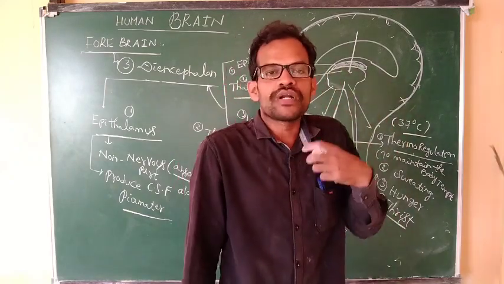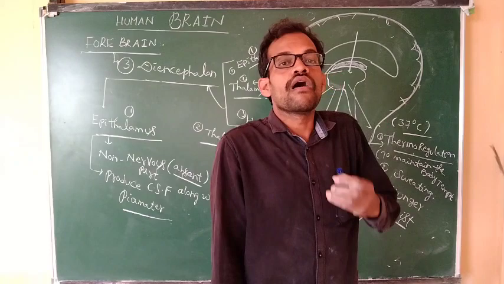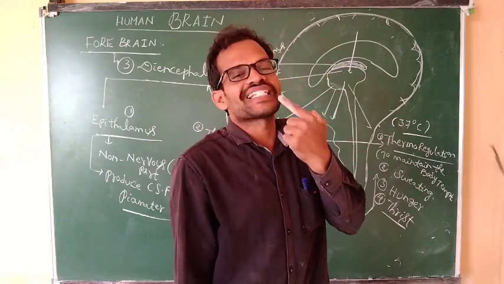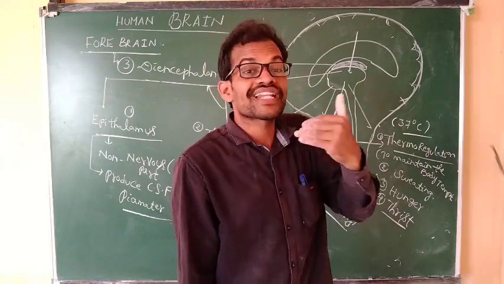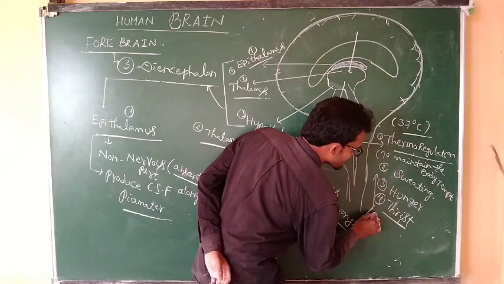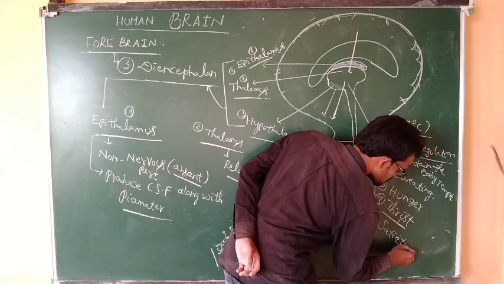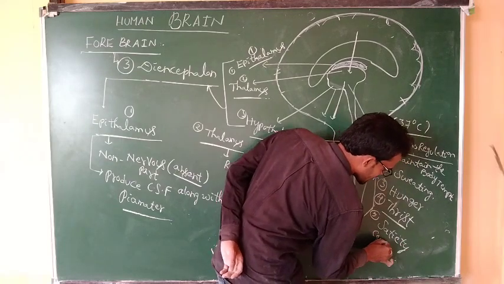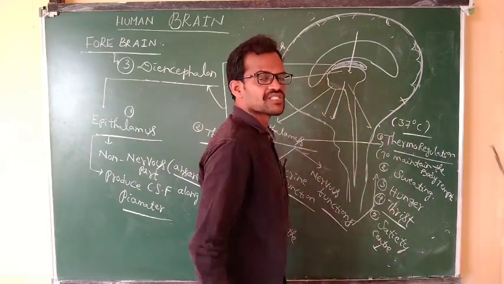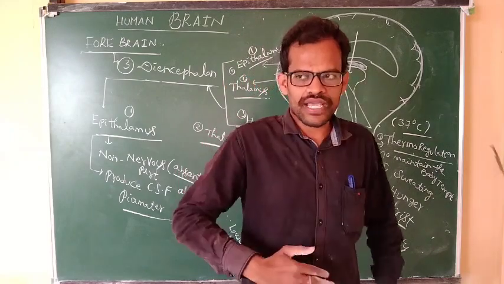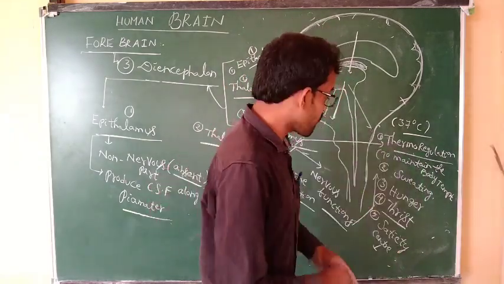Thirst means, for example, decreasing water levels in our body cause more thirst in the neck area. And also the satiety center. Satiety center means once you eat food, your stomach is full.